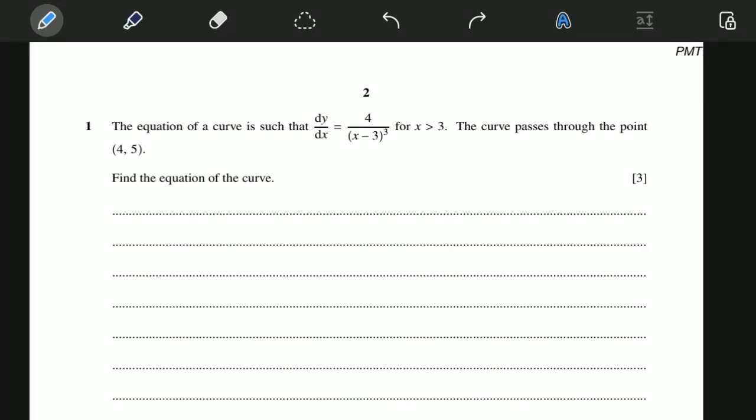Okay, so we know that if we are given dy by dx, we can find the equation of the curve by integrating this derivative. So integrating the right hand side, 4 over (x minus 3) whole cube dx.